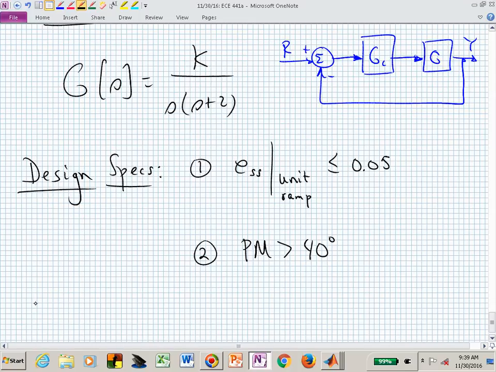And the third spec really is do not slow down the system. Up until that third specification was given, you could have accomplished this with either a phase lead or a phase lag controller. But when they say don't slow the system down, now they're telling you attack this with a phase lead controller.